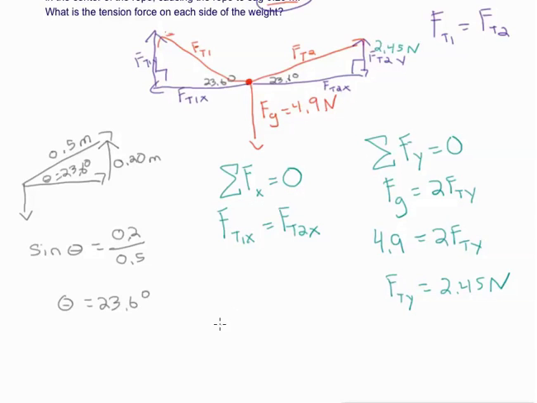The sine of theta equals opposite over hypotenuse. And if we round our tension force to two significant figures, we can calculate that it's equal to 6.0 newtons.